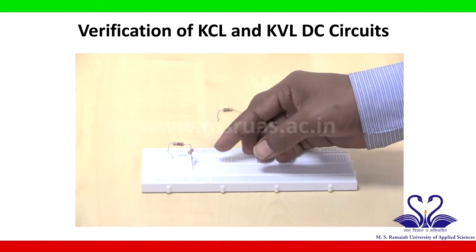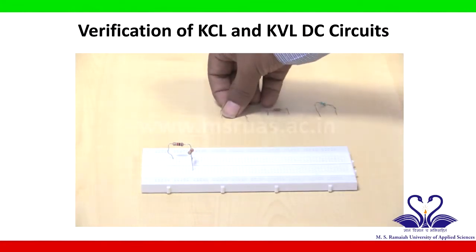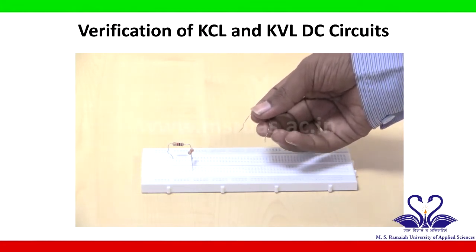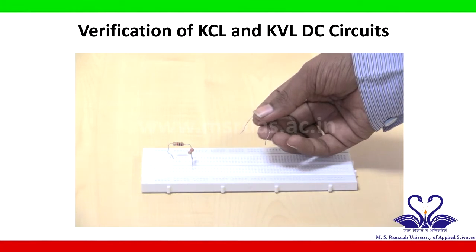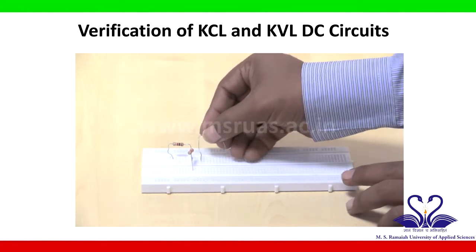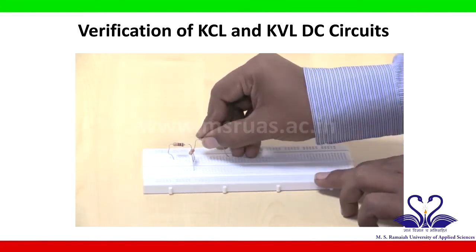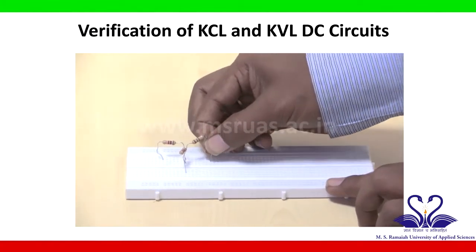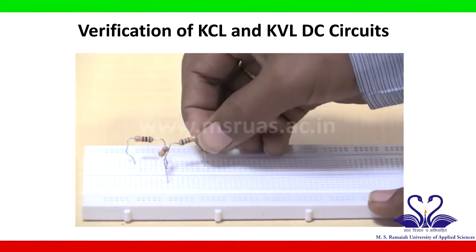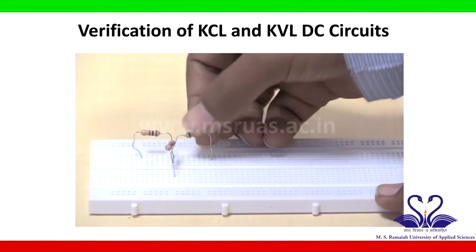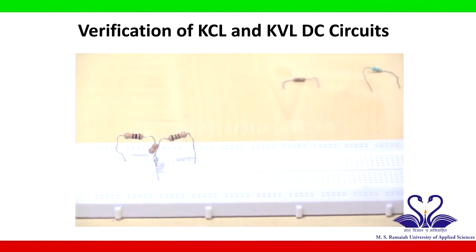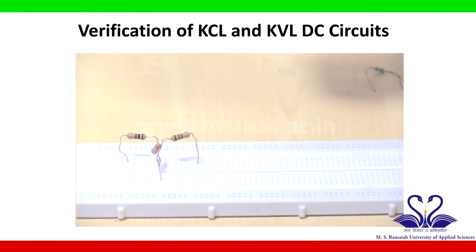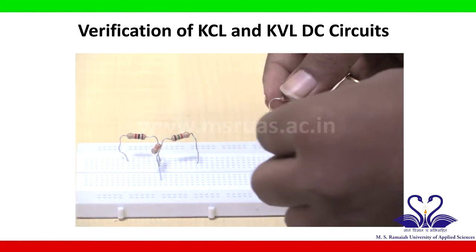Now take R3, and according to the given circuit, R3 is interlinked with R1 and R2. Now take R4, that is 4.7 kilo ohms.